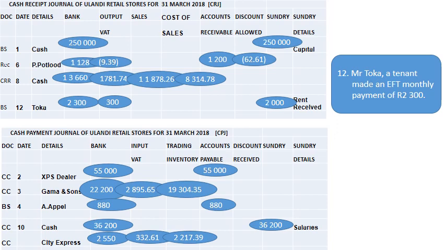Now we have recorded all the transactions for March for Ulandi. Then at the end of the month, all the journals for the month must be closed and balanced off.